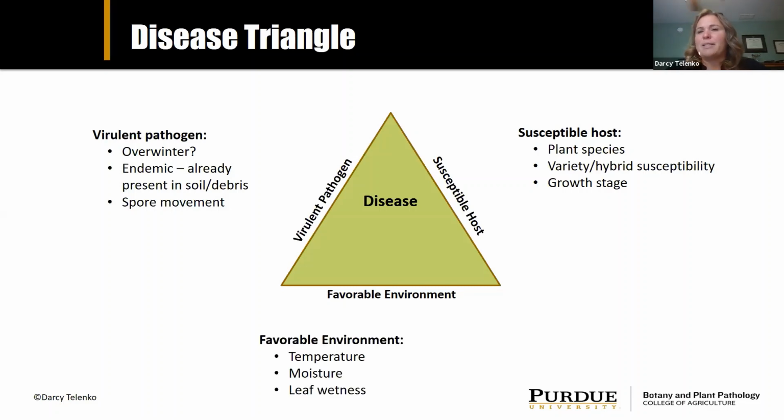And finally, has the environment been favorable for that disease? So for most of our diseases, each specific pathogen has its own set of temperature, moisture, and leaf wetness requirements. Some may only need 4 to 6 hours of leaf wetness like southern rust, versus tar spot, which needs about what we think is 12 hours of leaf wetness for that infection to occur.